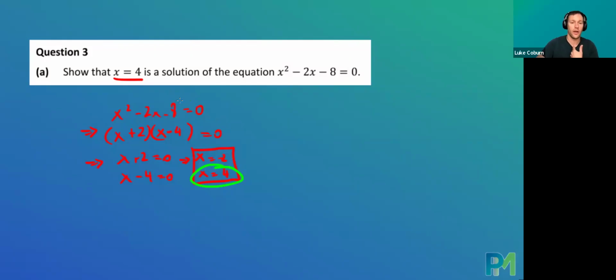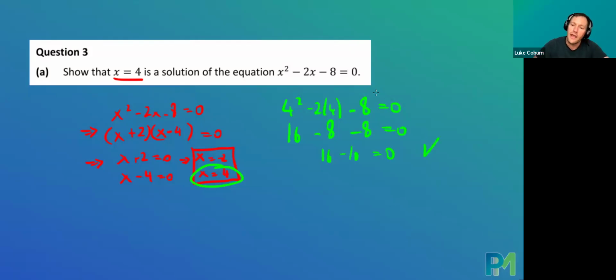So if it works, we could sub it in: 4 squared minus 2 times 4 minus 8, and it would give you 0. Sorry, I didn't write it down properly. It's a minus 8. So that's 16 minus 8 minus 8. Is that equal to 0? That's 16 minus 16 is equal to 0, correct.